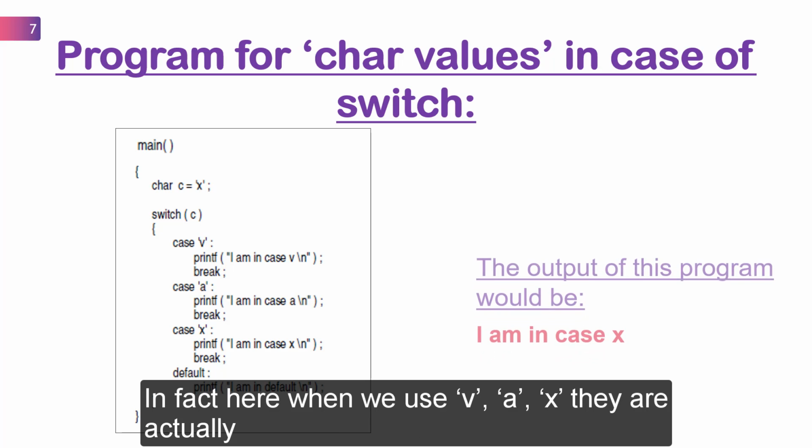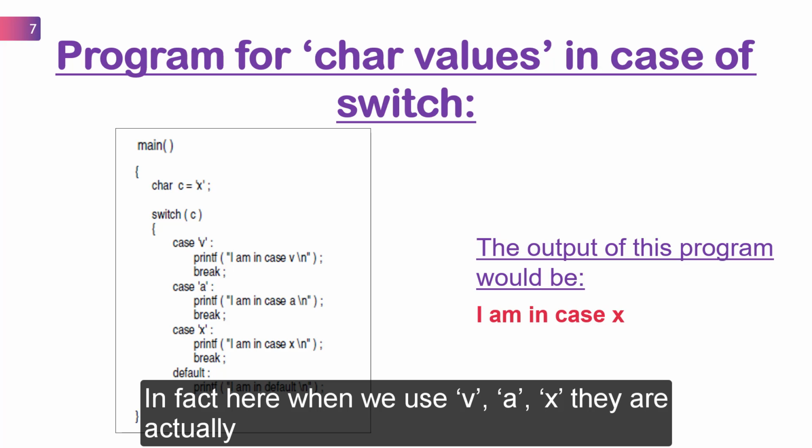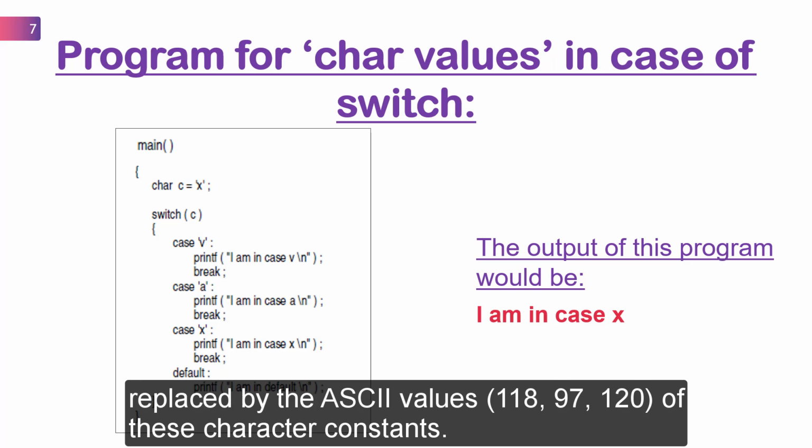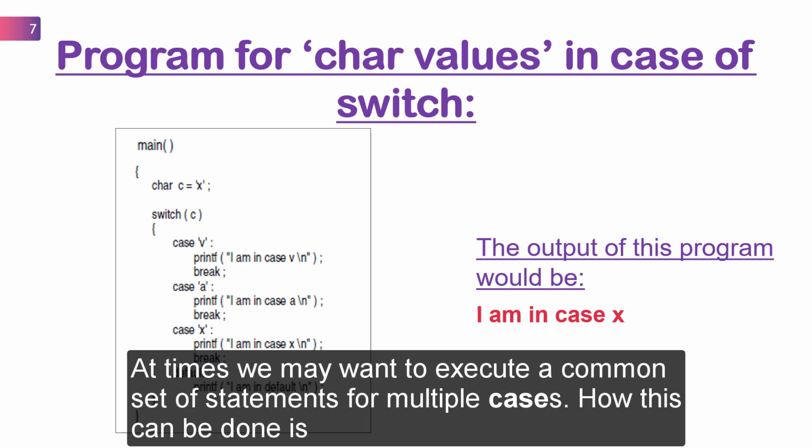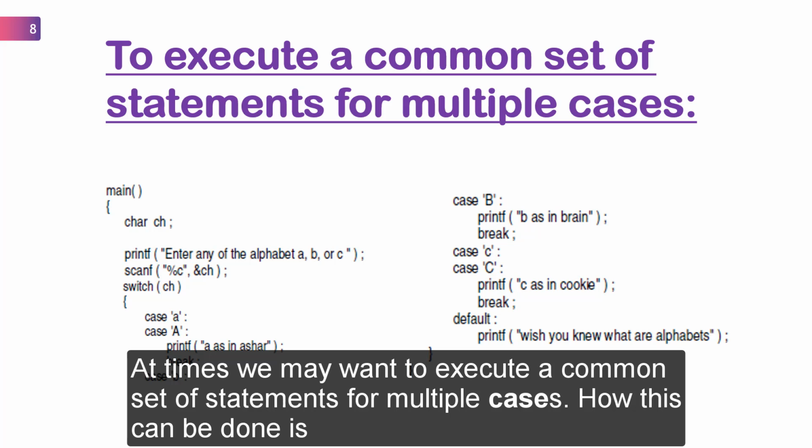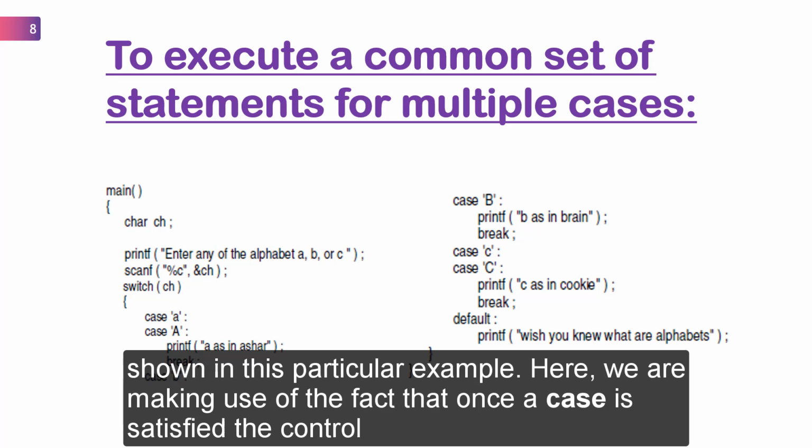In fact, here when we use v, a and x, they are actually replaced by the ASCII values 118, 97 and 120 of these character constants. At times we may want to execute a common set of statements for multiple cases. How this can be done is shown in this particular example.